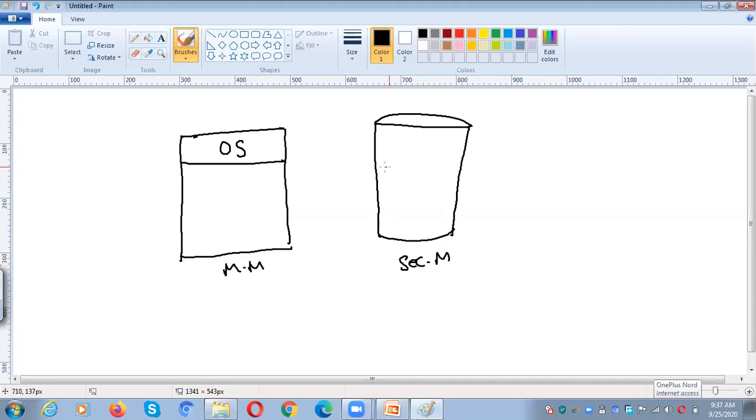So backing store means swap out: moving process 1 from main memory to the secondary memory. Swap in means from secondary memory to main memory.